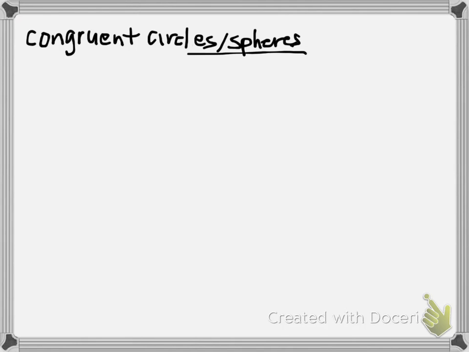So we've got the vocab congruent circles or spheres. Those are circles or spheres that have congruent radii.